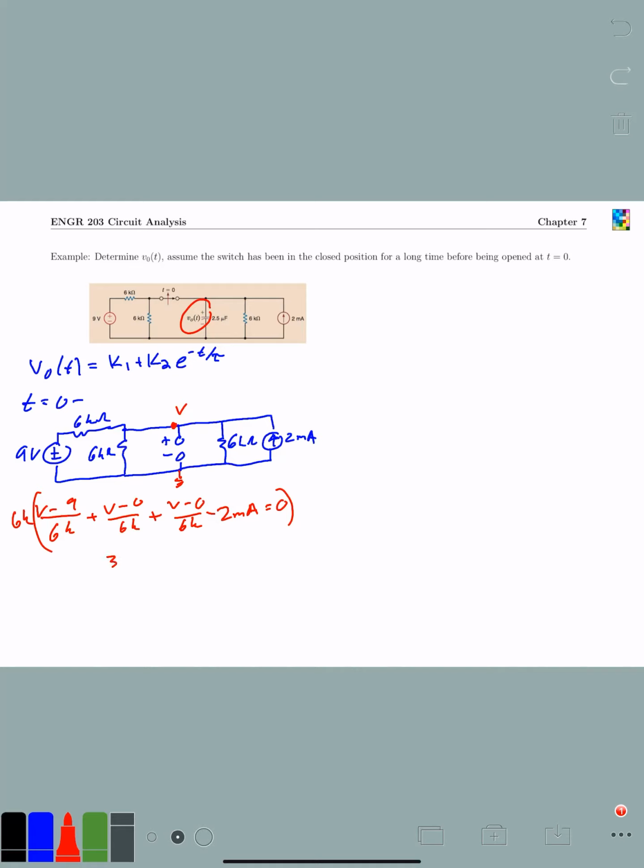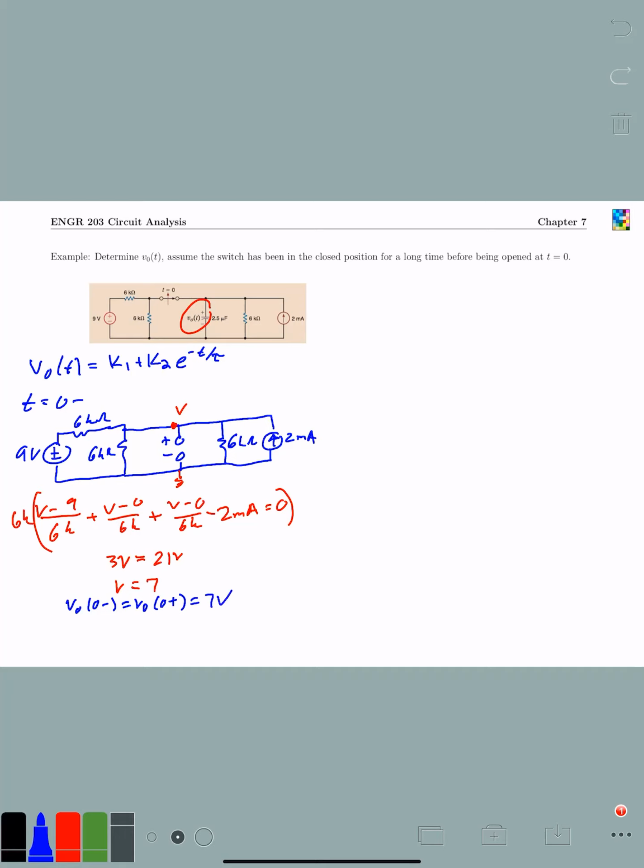So then I would have 3V minus 12 volts is going to be 21 volts, so V is 7. And again, that is your V0 at 0 minus, which happens to be your V0 at 0 plus, which is 7 volts.